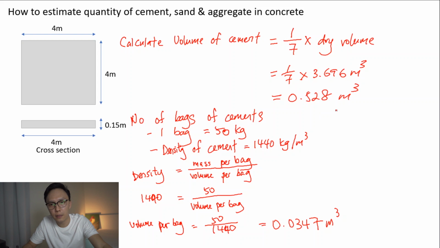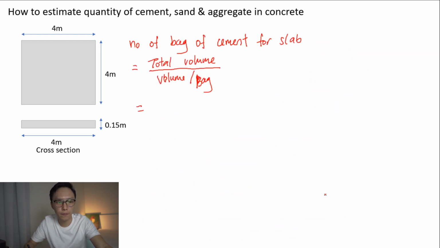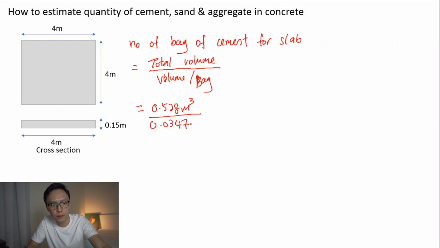We will take this, divide by the volume per bag here, 0.0347 meter cube, then we'll get 15.2 bags.